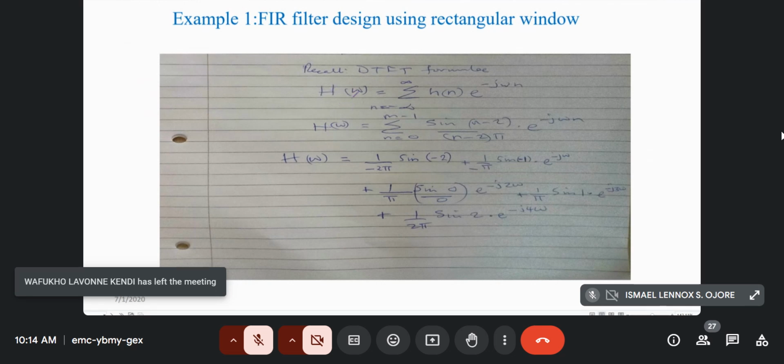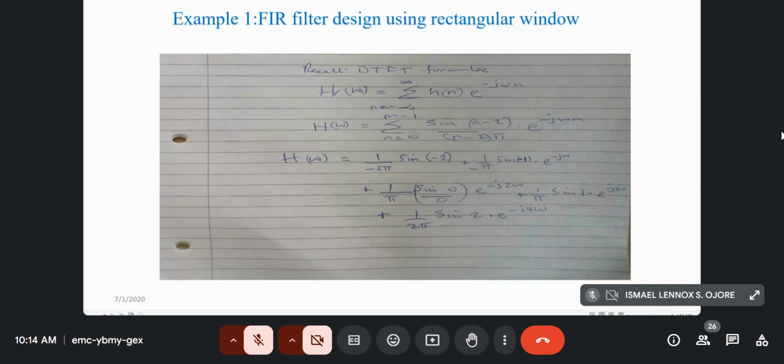So our DTFT is H(e^{j omega}), which is the summation from negative infinity to infinity of h of n e to the minus j omega n. Always remember the inverse has plus j omega n, but the DTFT has minus j omega n.